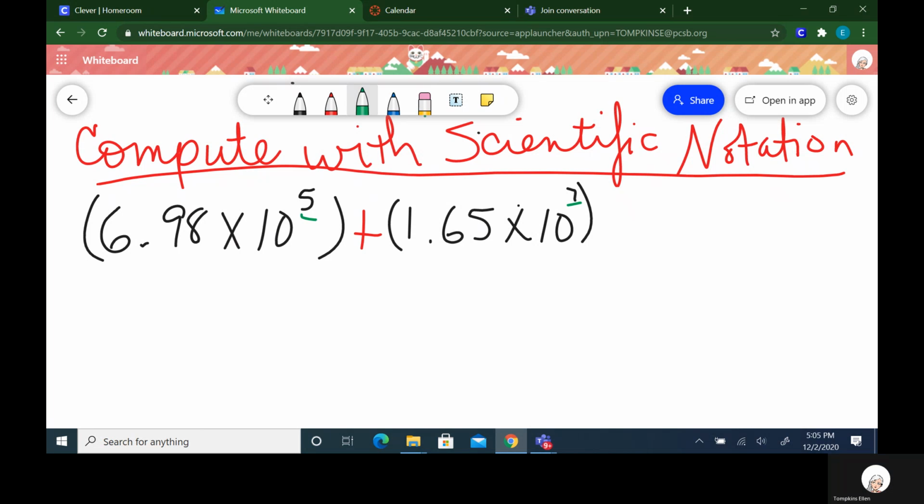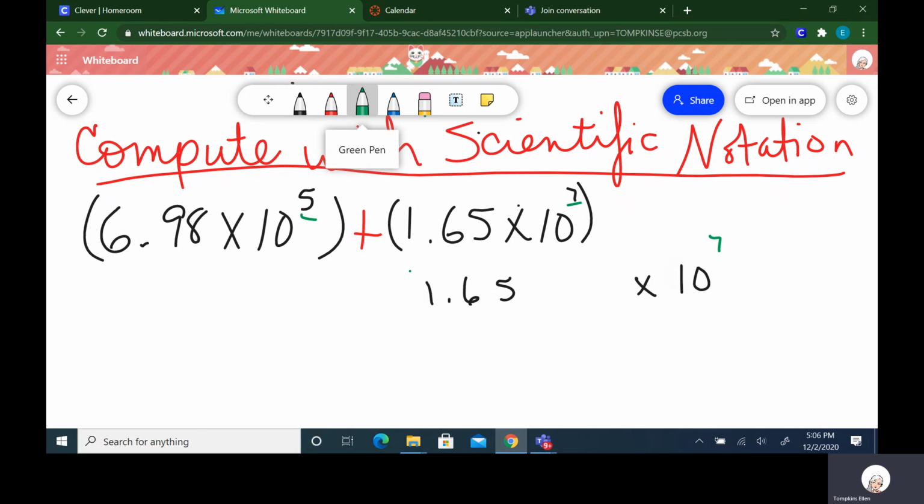Now, I'm going to keep the larger exponent, and I'm going to adjust the smaller one. So let me set up, and I'm going to have 1.65 times 10 to the 7th.